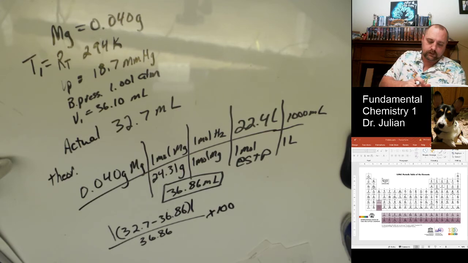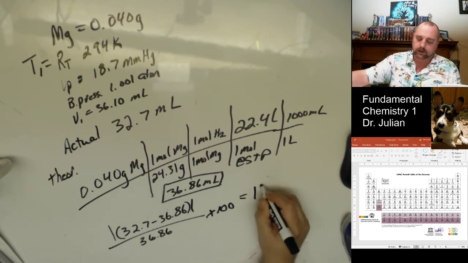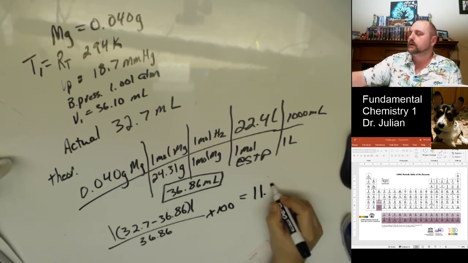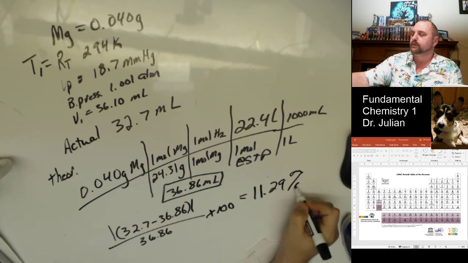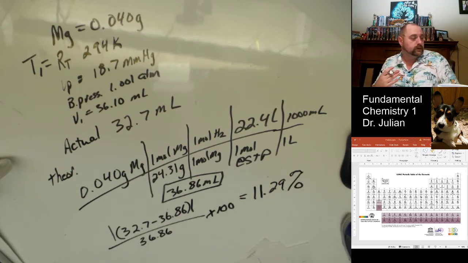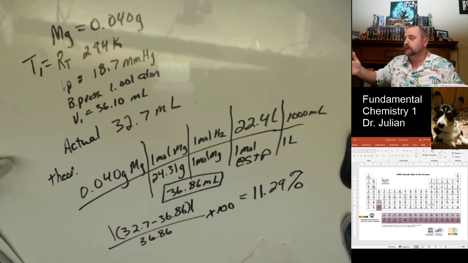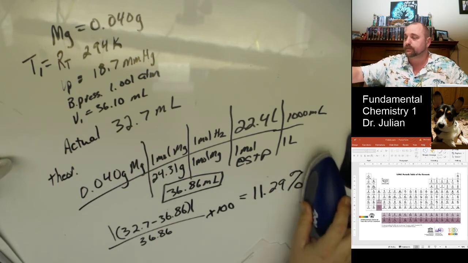I got negative, and then times 100. You're going to ignore the negative, so it'll be 11.29 or 11.3 would be fine percent error. So those were the calculations that we needed on that. We just did one trial, so there we go.